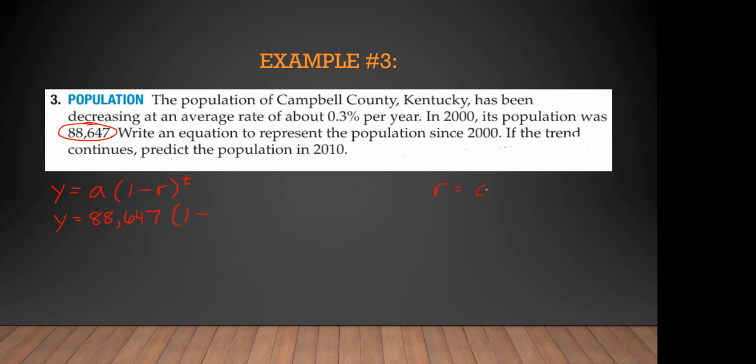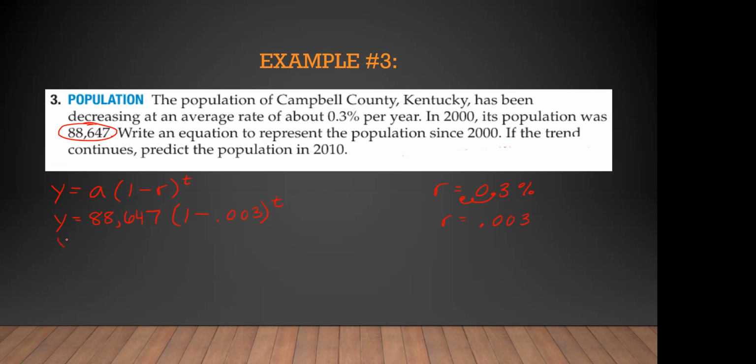The rate, remember, is 0.3%. Okay, even though there's a decimal, it's still a percent. You have to change it. So it actually ends up being 0.003. So we have 0.003 to the power of t, okay?